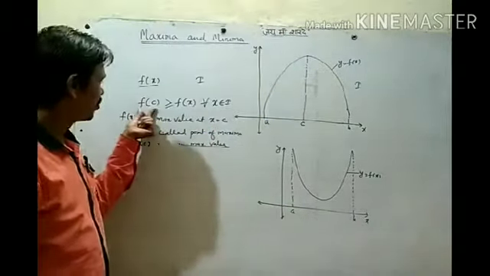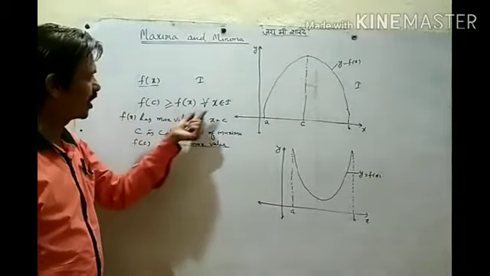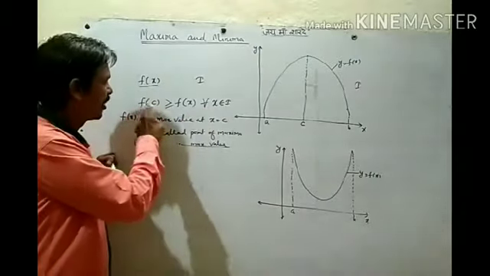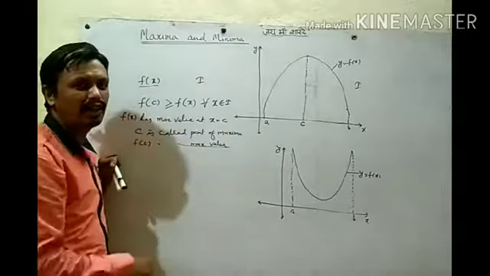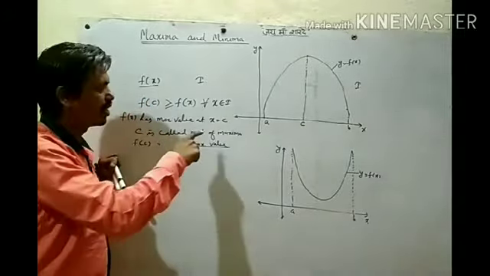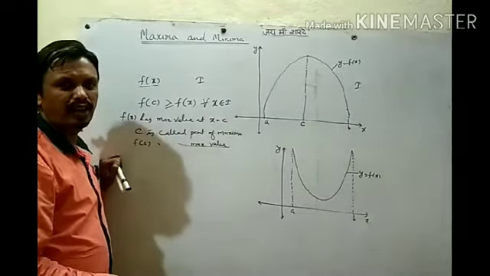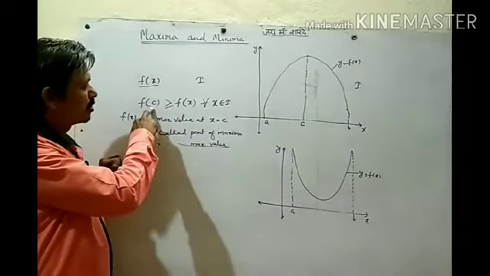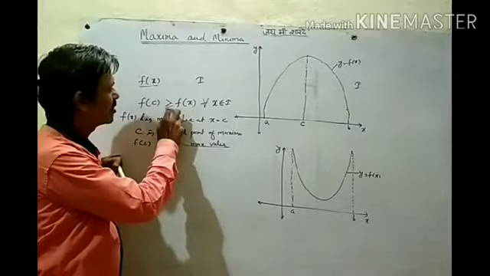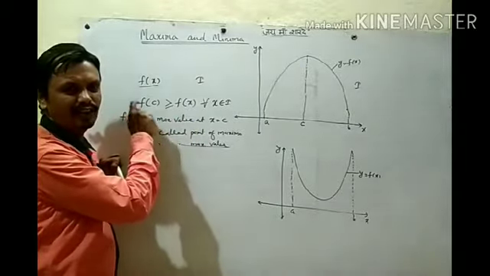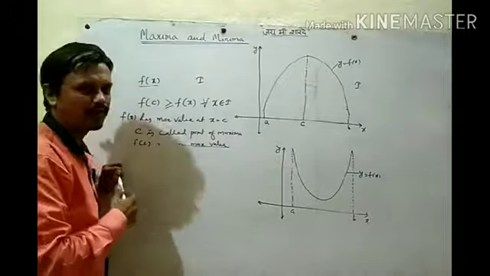So f of c is more than or equal to f of x for any x. Then this is called the maximum value. And the point at which we get it is called the point of maxima. All the values of f of x should be less than f of c. Then f of c is called the maximum value.